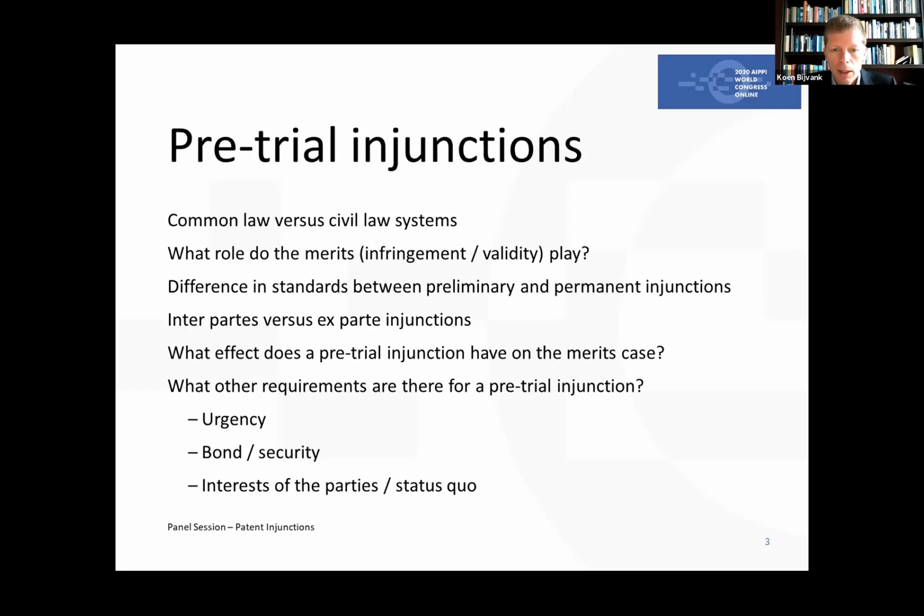I think for all of us, the highest urgency requirement applies to an ex parte injunction or a temporary restraining order. And then there is still a high urgency requirement for a pretrial injunction, and far less so for, of course, a permanent injunction, because there is no further down the line. So urgency probably doesn't play a role there.